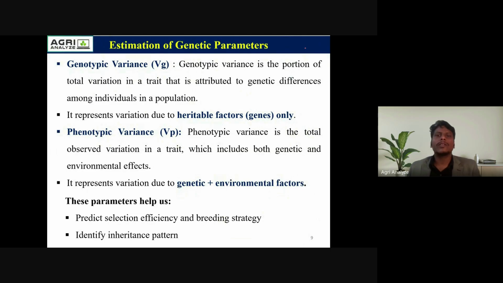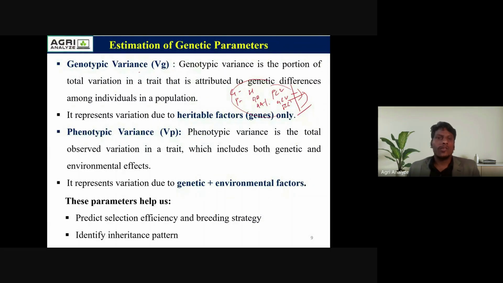Here is the estimation of the genetic parameters like genotypic variance, phenotypic variance, heritability, genetic advance percentage, PCV, GCV, and ECV. These genetic parameters help in predicting selection efficiency and breeding strategy, and also identify the pattern of inheritance.